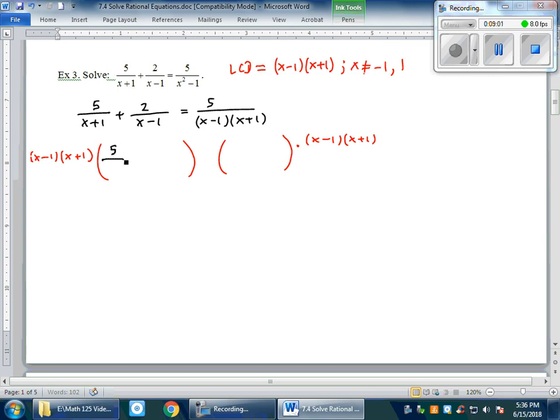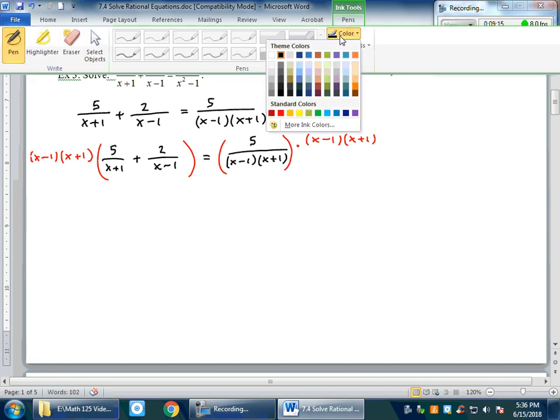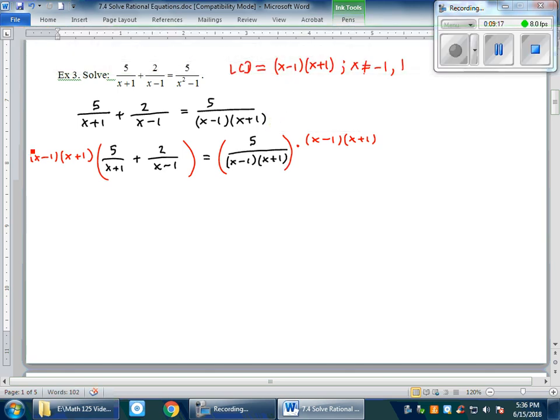So 5 over x plus 1 plus 2 over x minus 1 equal to 5 over x minus 1 and then x plus 1. When I distribute on the left hand side, x plus 1 and x minus 1 times 5 over x plus 1, we can see that x plus 1 and x plus 1 cancel out.